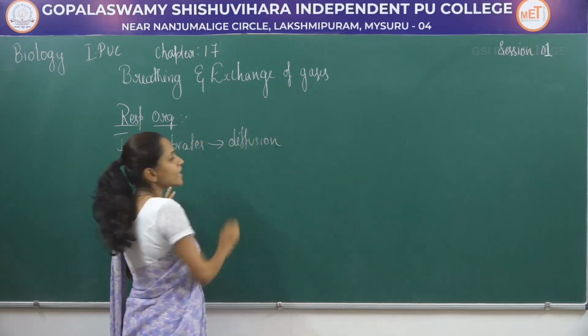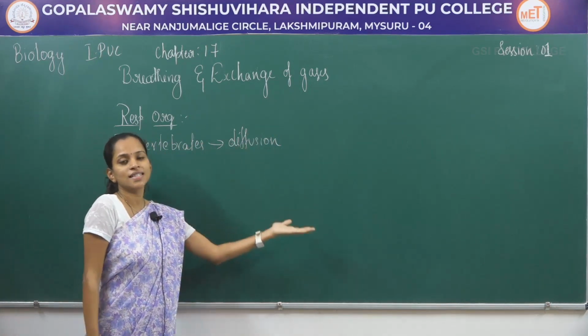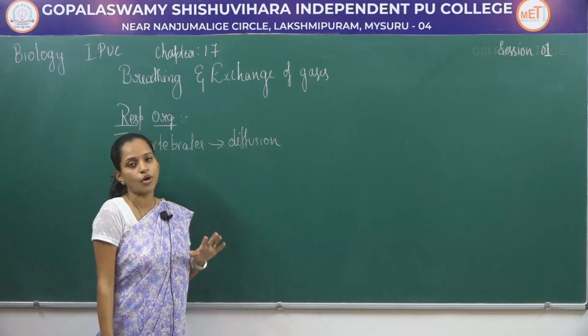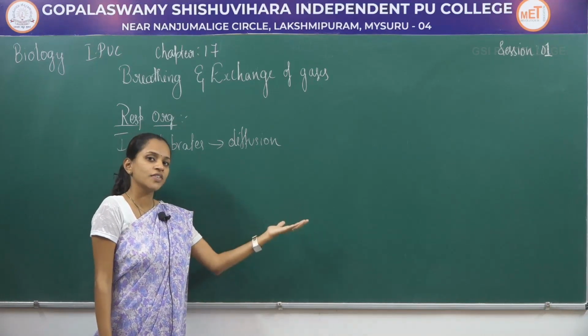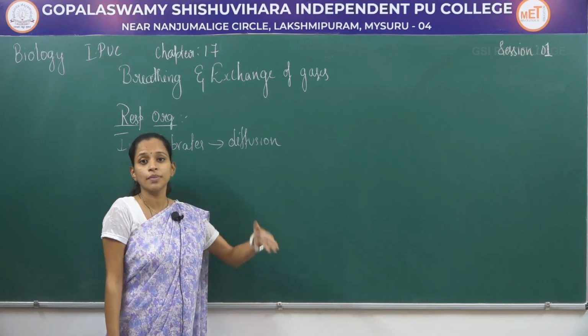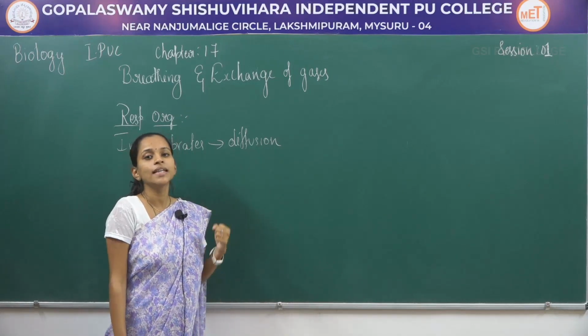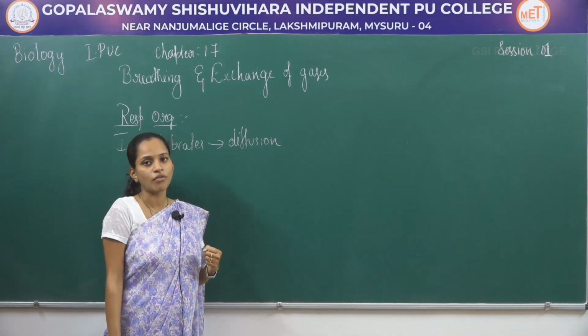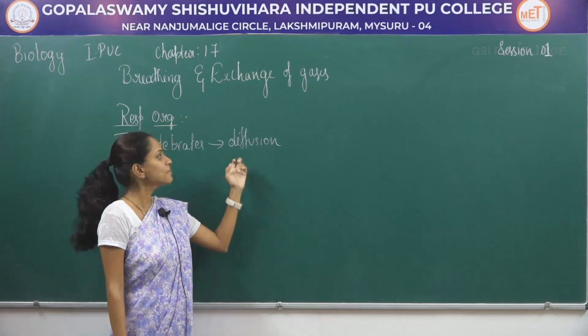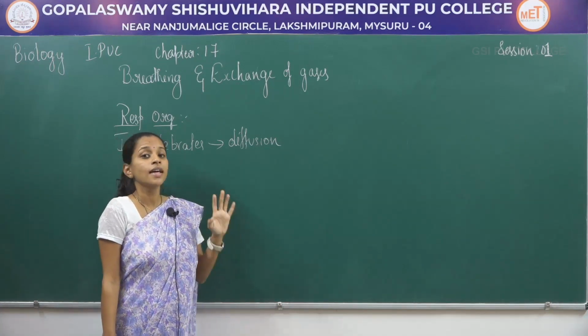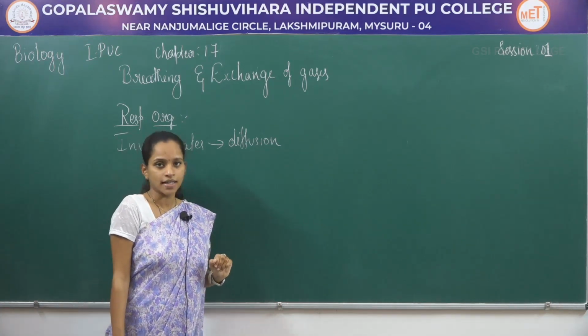So gases from the atmosphere move directly into the body of the organism. The concentration of gases in the atmosphere is high compared to the inner region of the body of the organism. That is why respiration takes place through the simple diffusion process.